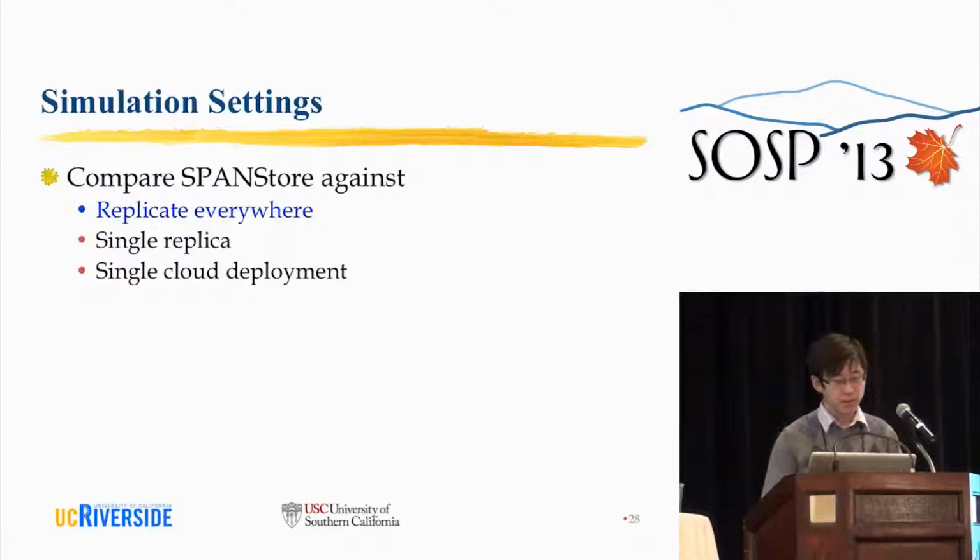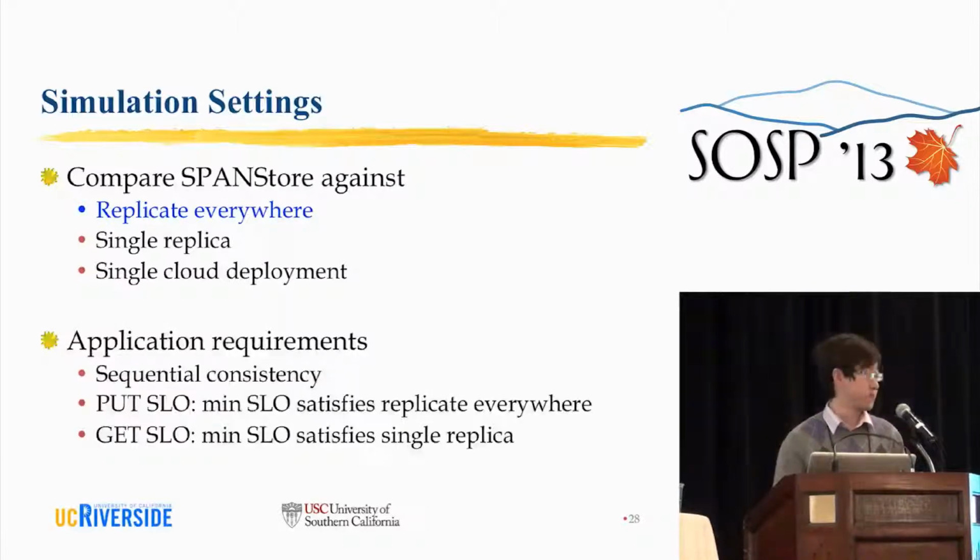In the evaluation, we set the application to require per key sequential consistency. The way we set the put SLO and get SLO is as follows. Because we want to compare with the replicate everywhere strategy and the single replica strategy, we want those two strategies to be included in the solution space of SPANStore. Therefore, we set the put SLO as the SLO that every data center can reach every other data center.